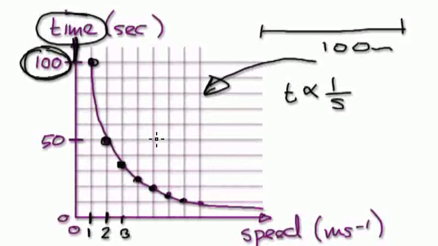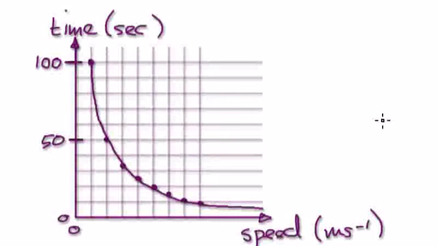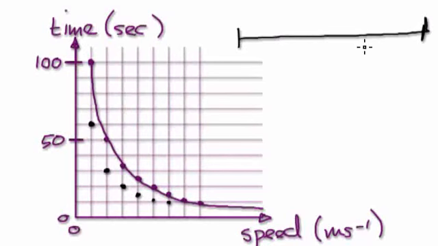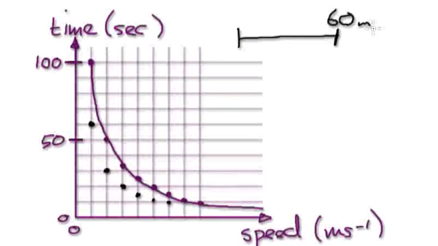Okay. Now let's look at a different scenario here. Rather than saying 100 meters, we are looking at a special case where the distance is just 60 meters. Now 60 meters will be a different graph. Let's say you're traveling at 1 meter per second.